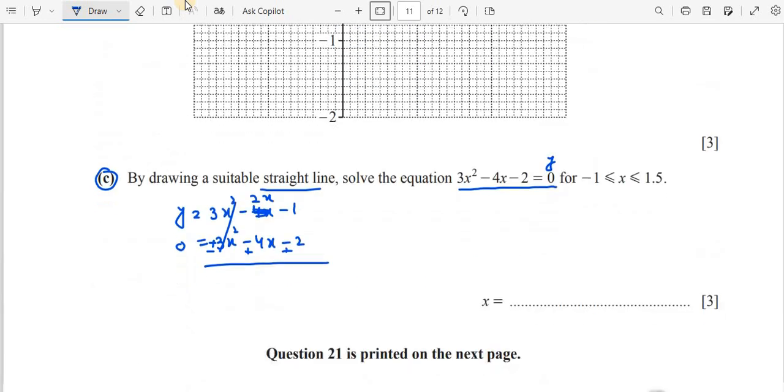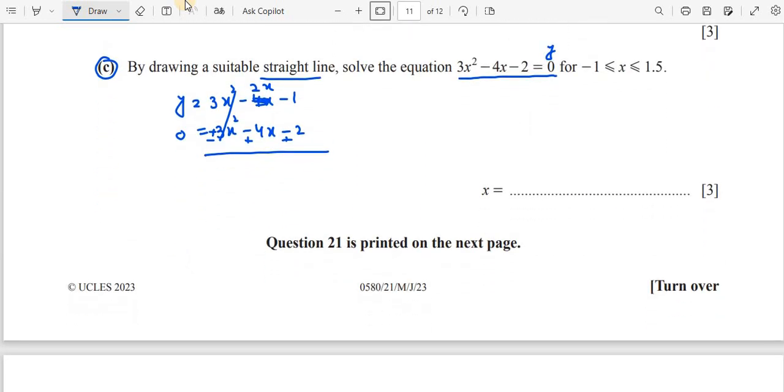So the remaining is 2x minus 1 plus 2, that is equal to plus 1. So y is equal to 2x plus 1. This is the slope of the line. So m is equal to 2 and the intercept is equal to 1.